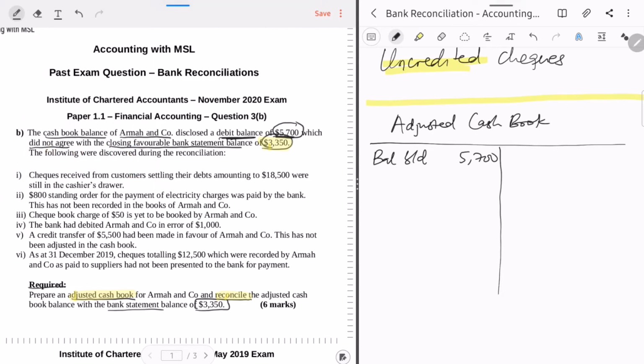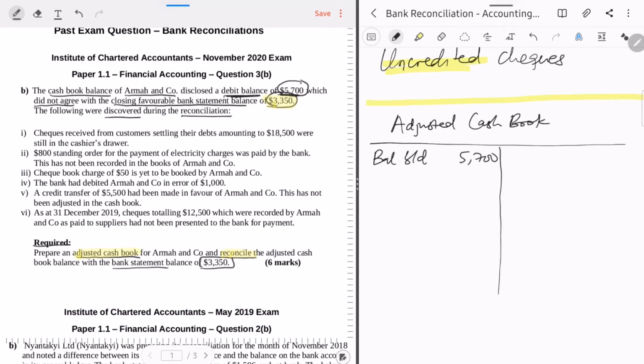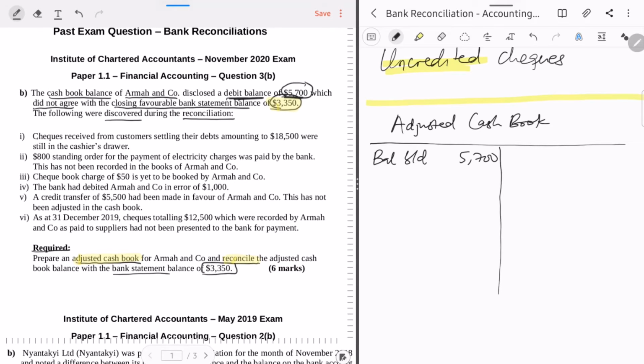All right. Now, the following were discovered during the reconciliation process. First is what? Checks received from customers settling their debts amounting to 18,500 were still in the cashier's drawer. Take note, here, customers have brought us checks for us to actually go and put in the bank to get money, but the cashier has kept it in their drawer.